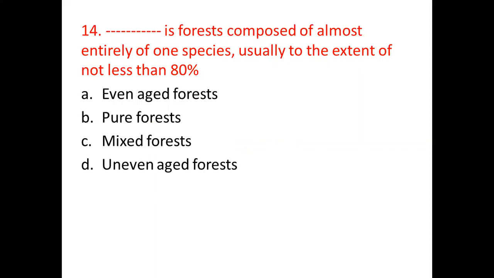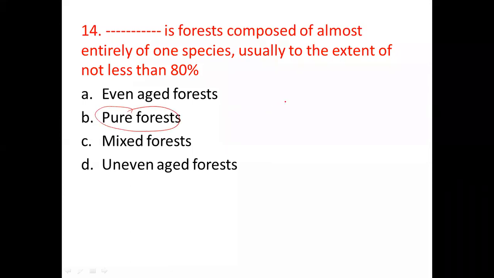Next, another type of question is related to the classification of forest. A dash is a forest which is composed almost entirely of one species, usually to the extent of not less than 80%. That is a very important question. That is called a pure forest.